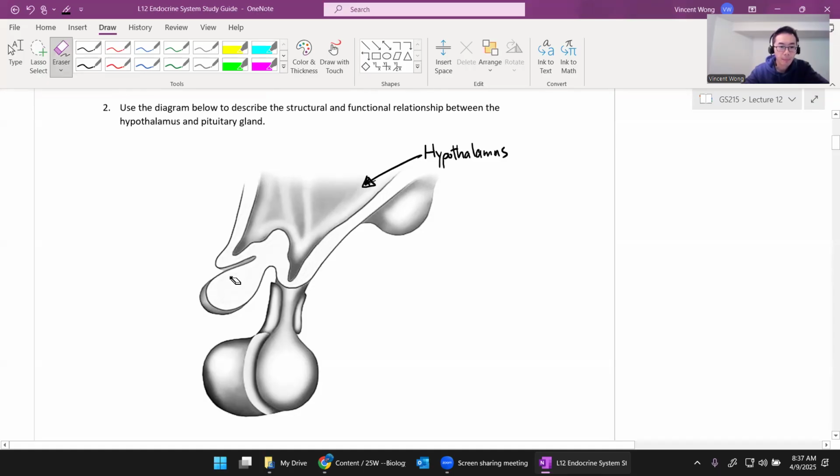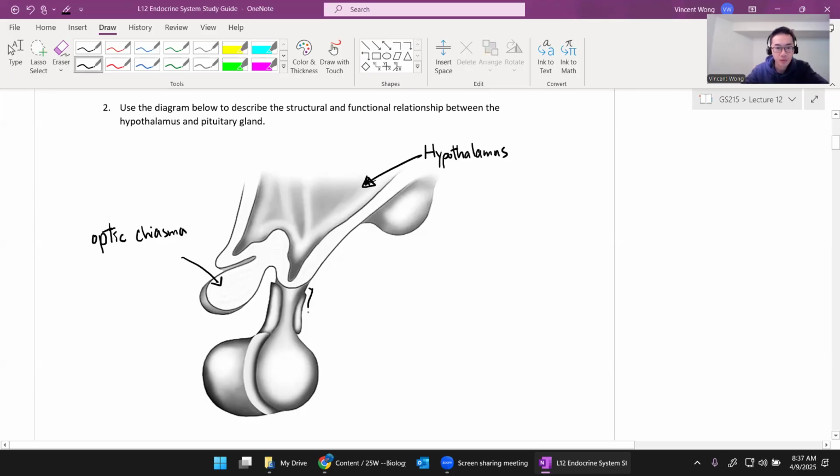Now, we can always identify this structure to tell which side is the front of the head. This is the optic chiasma, which is where the optic nerve crosses the middle. We learned that in lecture 6, maybe 7.